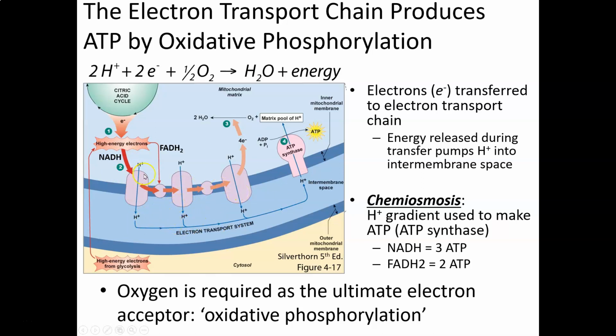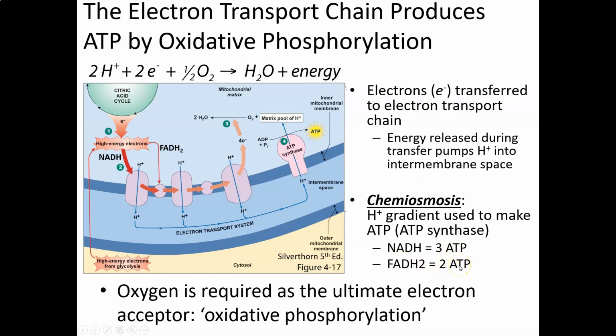And it really has to do with specificity, right? NADH fits into this first protein, and FADH2 doesn't fit until later on. It doesn't have the right 3-dimensional shape. Okay, I want you to know that it's hydrogen ions that are pumped and then diffuse across that help make ATP. I want you to know that's called the chemiosmotic theory. I want you to know the energy equivalence. NADH gives me 3 ATP.